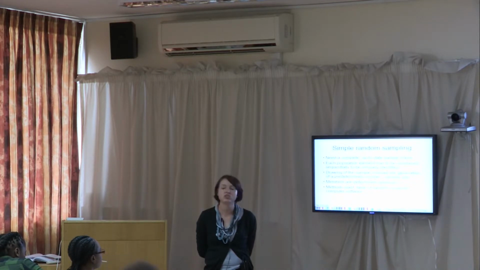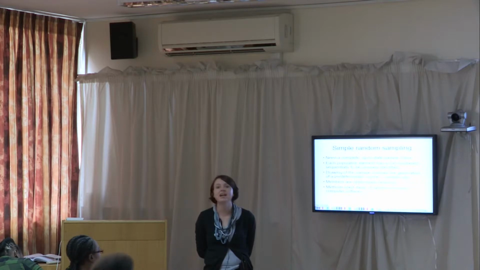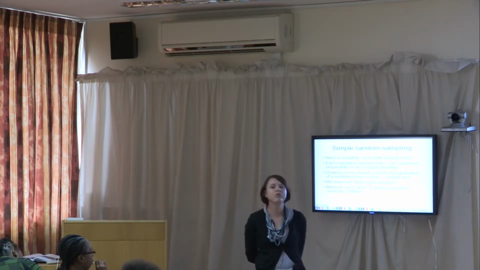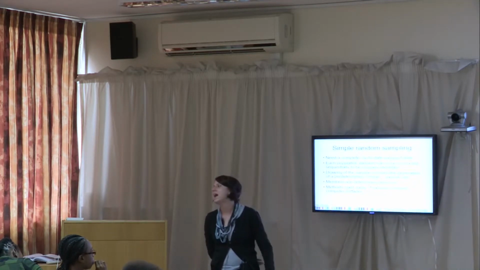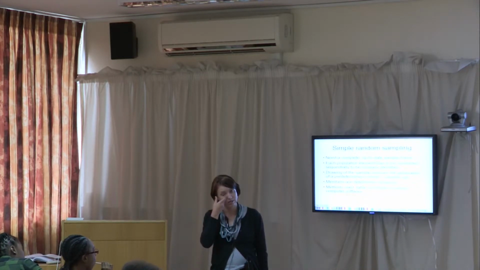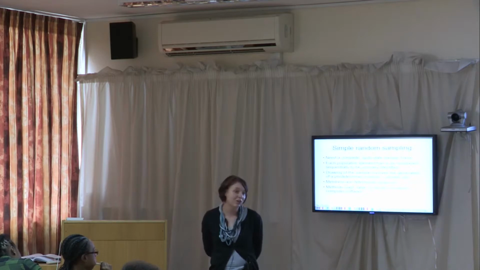Do I need, for example, 10%? Then I need 2,000 students to participate in my study. So before you can go on with simple random sampling, you first need to determine how many respondents do I need. Okay. So there are different formulas to work that out.